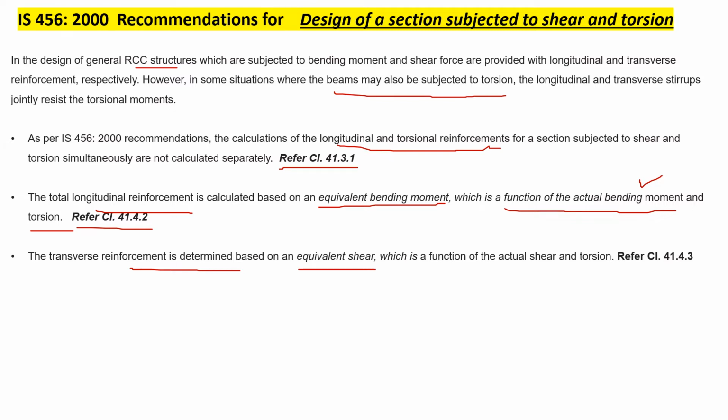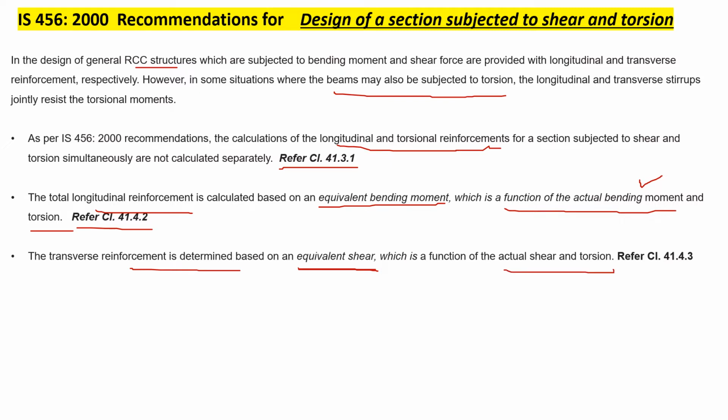So earlier, if the section is not subject to torsional movement, then what we were doing is calculating the shear force at a critical section, and accordingly we followed the provisions of the IS code. Now when torsional movement is acting, we have to calculate equivalent shear, which is a function of actual shear and torsion.